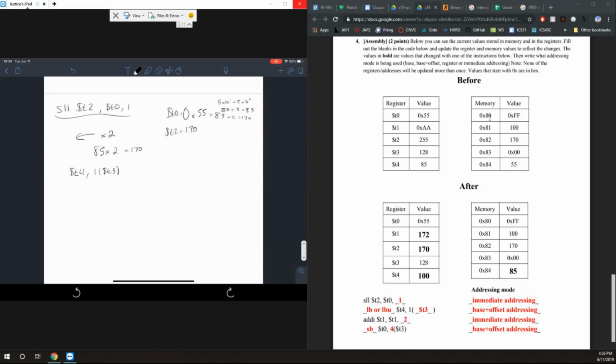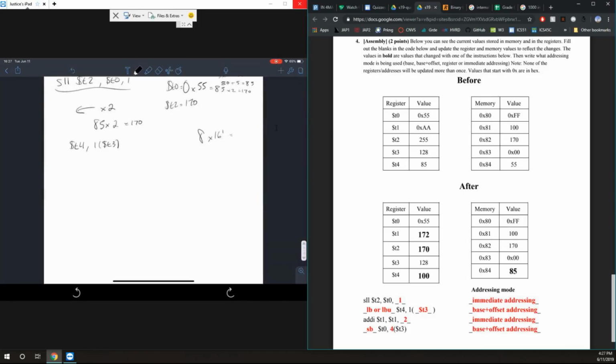It's 128, I think. Then I just need to add 1. 129? And that's what 81 is? Then you just put that 1 in here, and so you know it's load byte. Does that make sense?